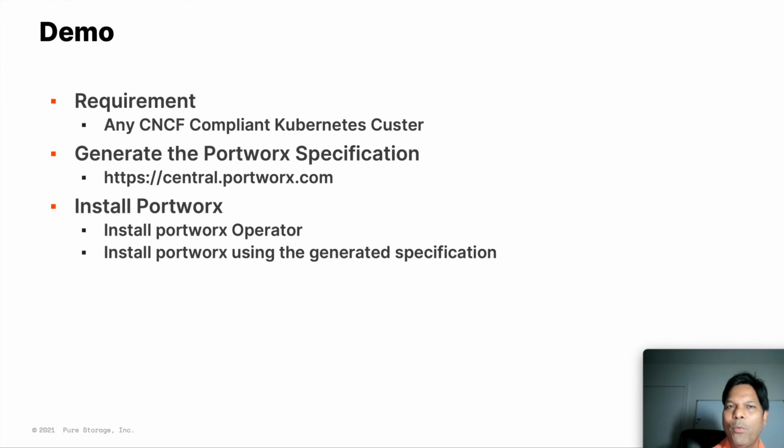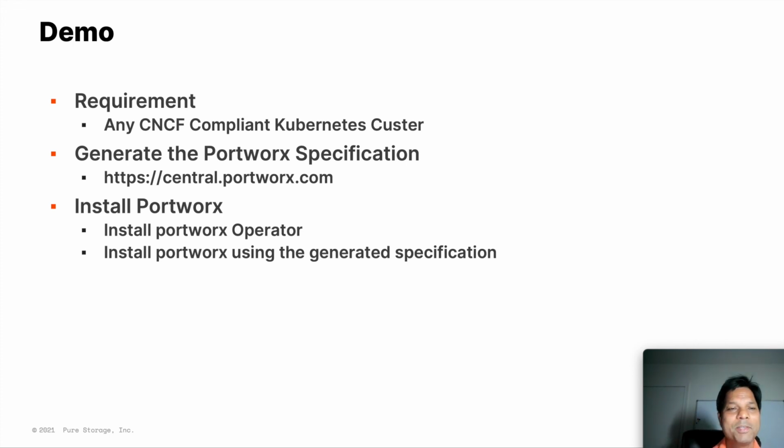It doesn't matter what it is, where it is, which cloud, or which hardware it is running on, whether it is bare metal, a VM, on cloud, on premise, or your vanilla self-made Kubernetes cluster, or it is EKS, AKS, GKE, Rancher, OpenShift, and whatnot. As long as it's CNCF compliant, we can install Portworx on it.